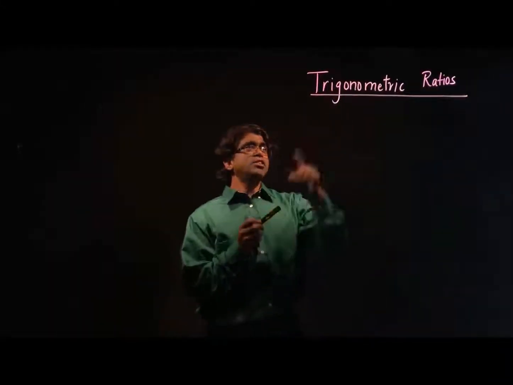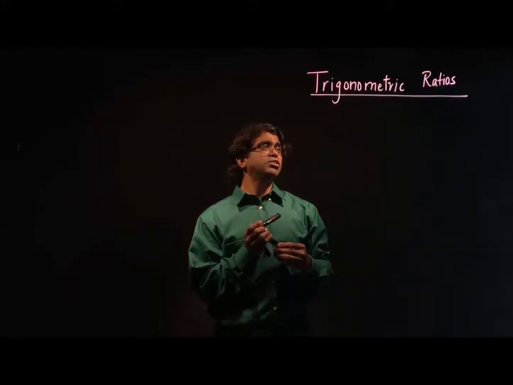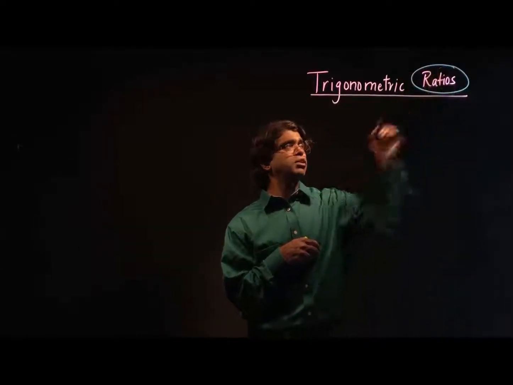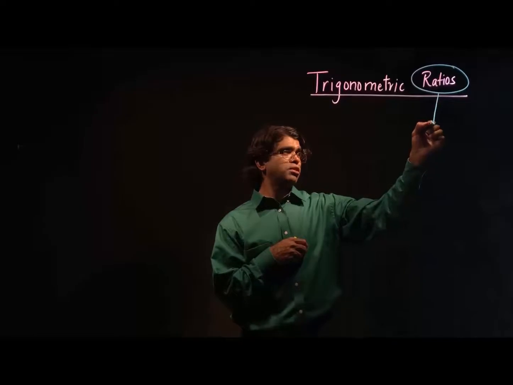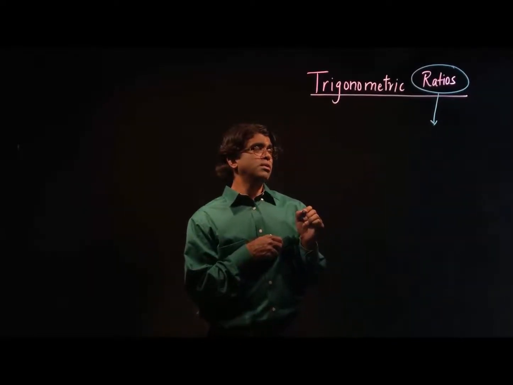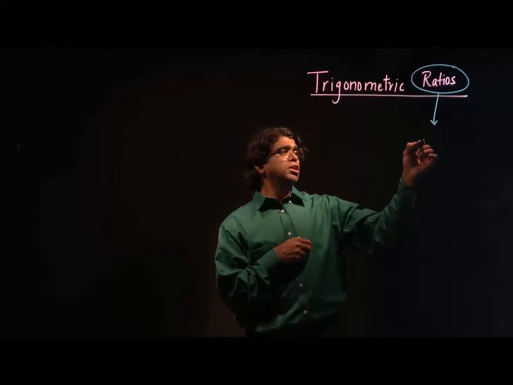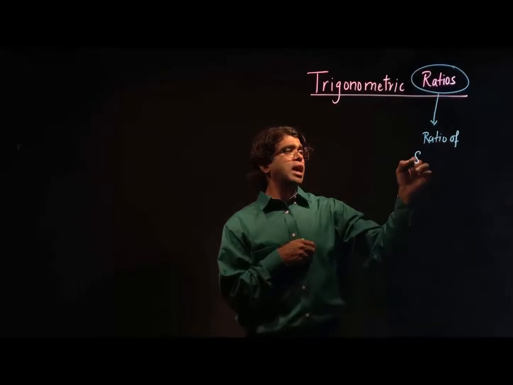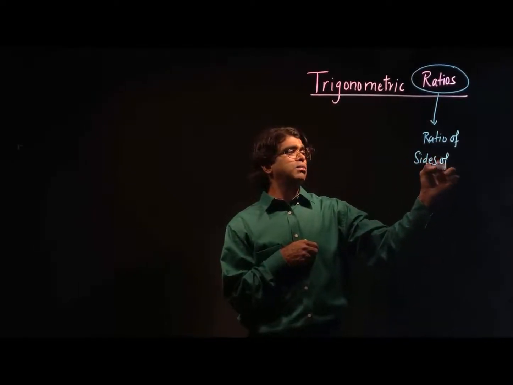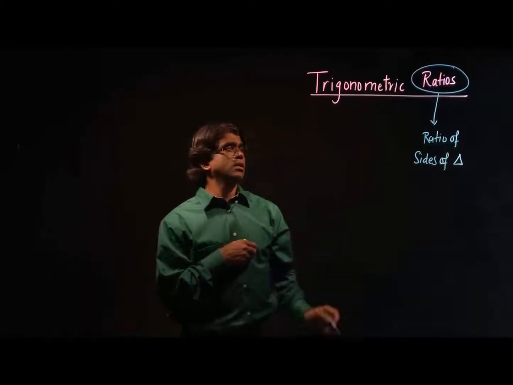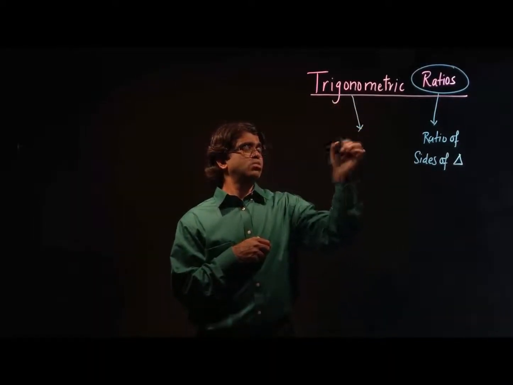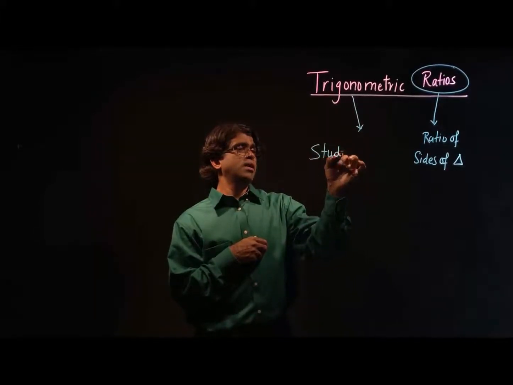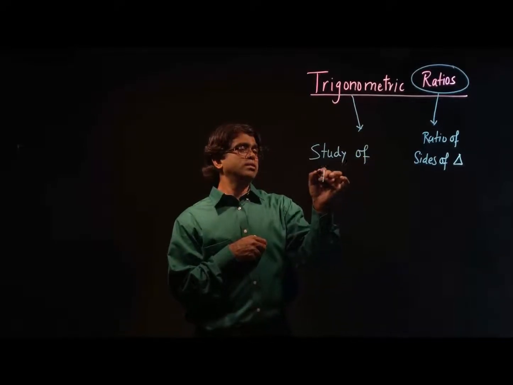Now, as you know, trigonometric ratios are basically ratios. Can you see? This is a ratio. And when we talk about ratios, we are talking about the ratio of sides of a triangle, because trigonometric means the study of triangles.